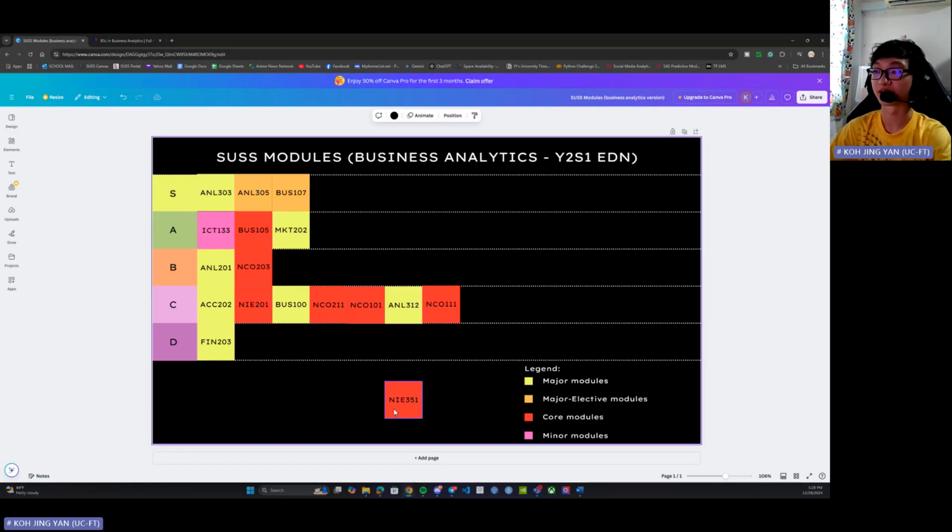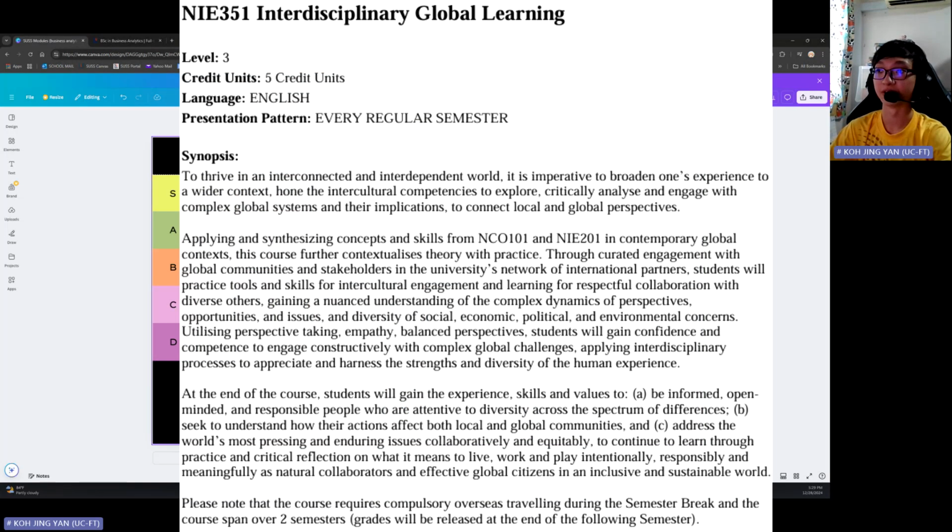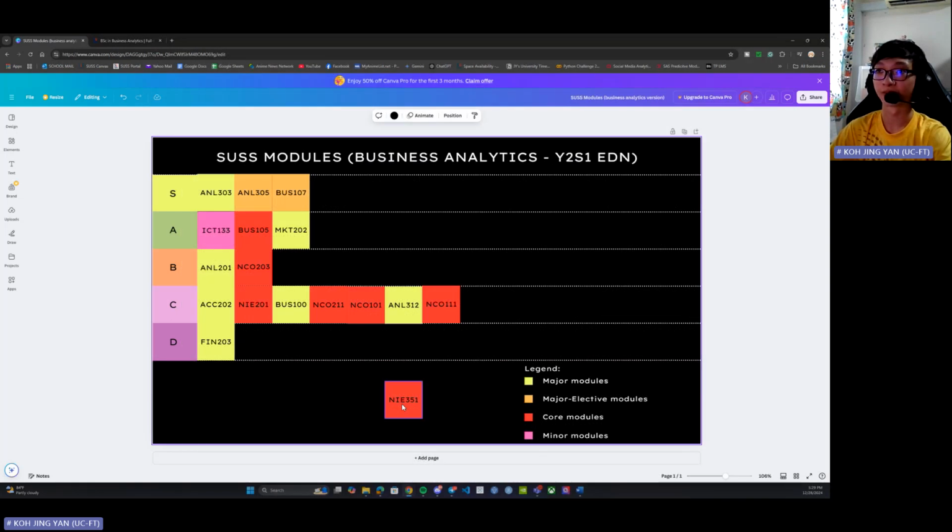Okay, so the last module that I've done this semester as an SUSS core module is NIE 351, which is Interdisciplinary Global Learning, which helps to fulfill the compulsory global learning portion of the student curriculum lah. Yeah, so for NIE 351, I mainly went to Penang, but you can actually choose other countries, okay?